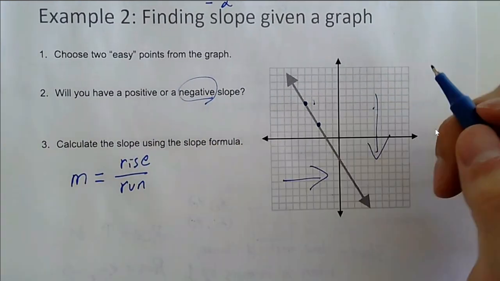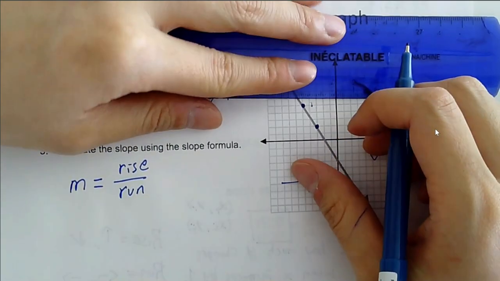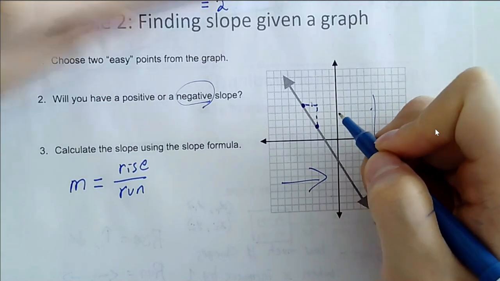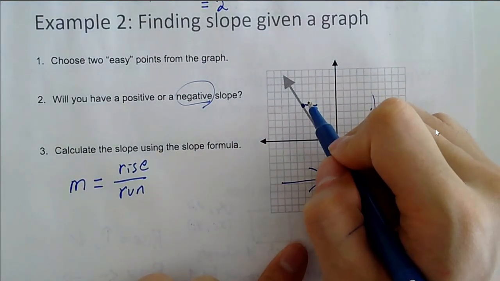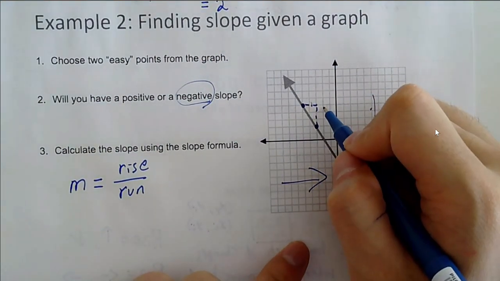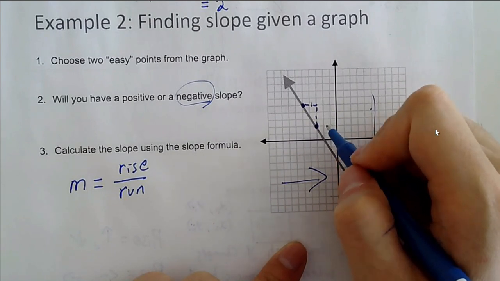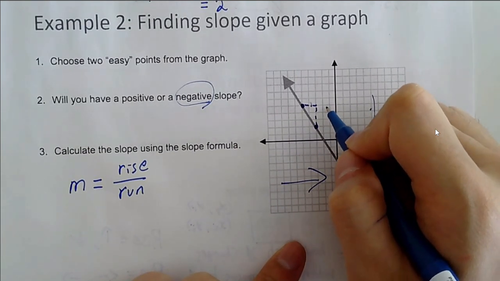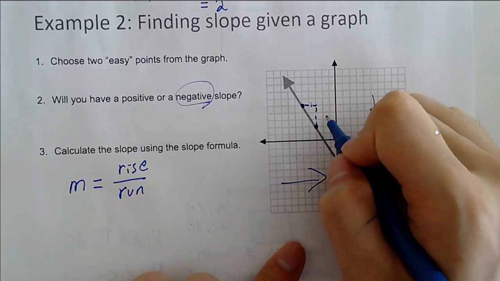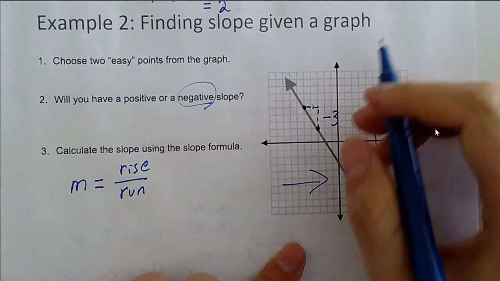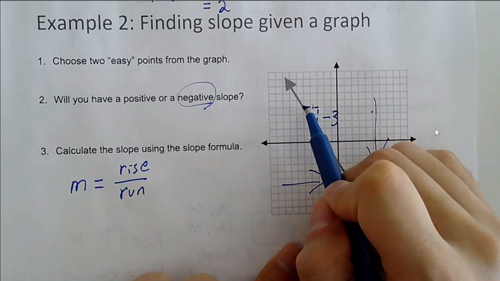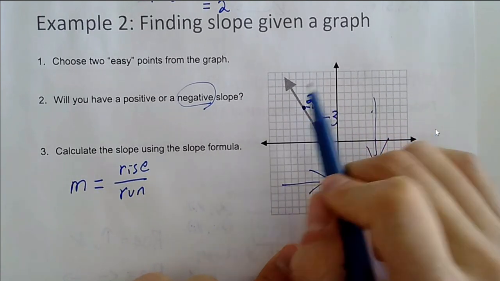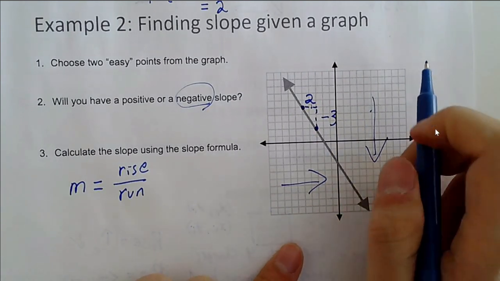So over here, again, I'm just going to draw dotted lines. How much is the y coordinate changing? It's going down by 3. It is changing by 3, but it's also dropping by 3, so I have to write negative 3. And to the right, I can see that it's changing by 2, and it's going right, so it's a positive 2.